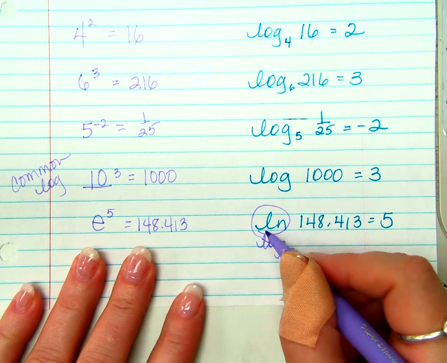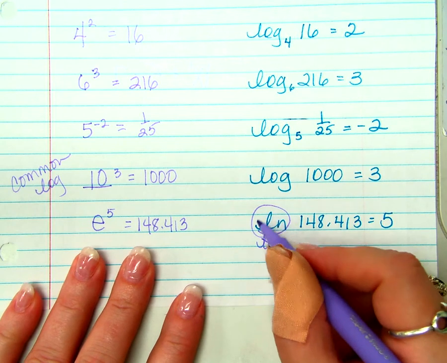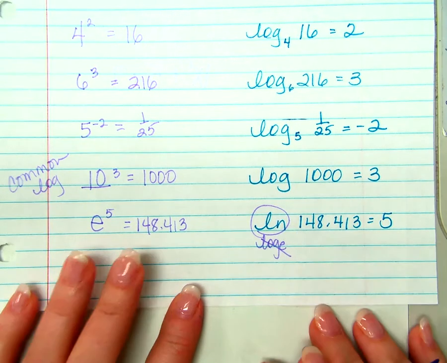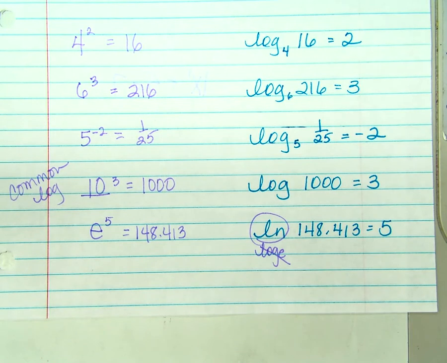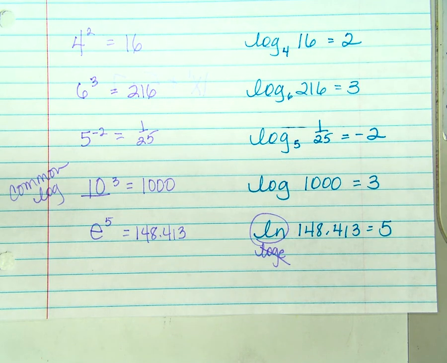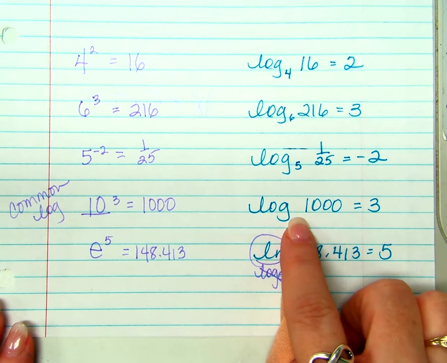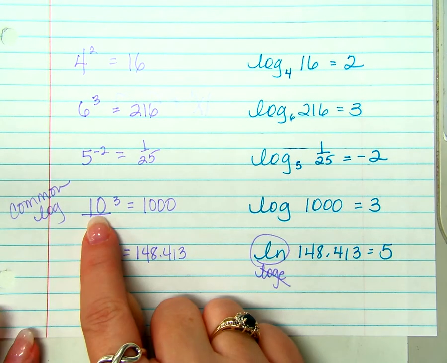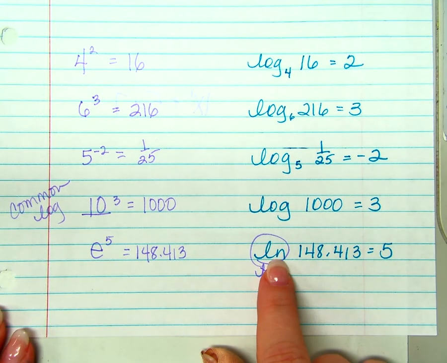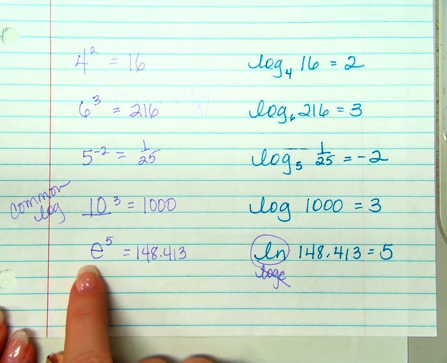I think it's because this was French and it was really log en naturel. I really don't think that at all. I have no idea. That's how I say it in my brain though, so I remember what it is. If you want to think that too, that's great. If not, I don't care. Okay? So log base nothing we know is really base 10, and natural log is really log base e.